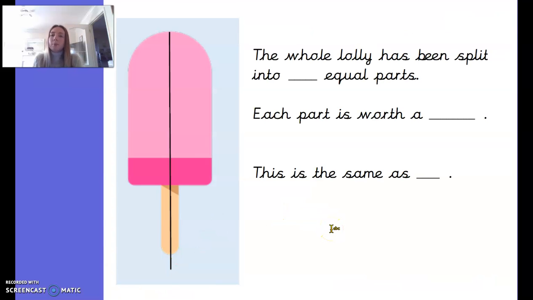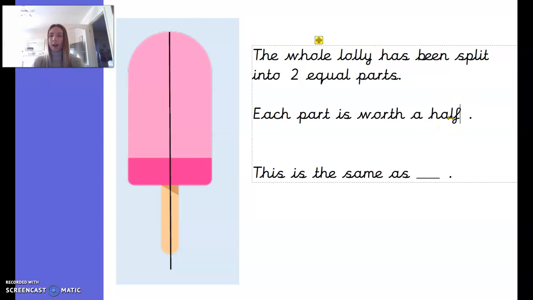So this time I've got a picture of a lolly, and it says the whole lolly has been split into something equal parts. How many equal parts can you see that the lolly has been split into? Let's count together. 1, 2. The lolly has been split into 2 equal parts. Each part is worth a half.